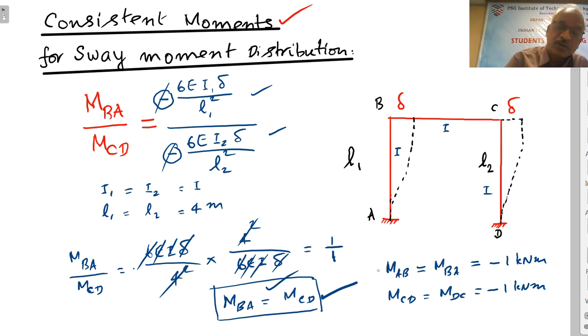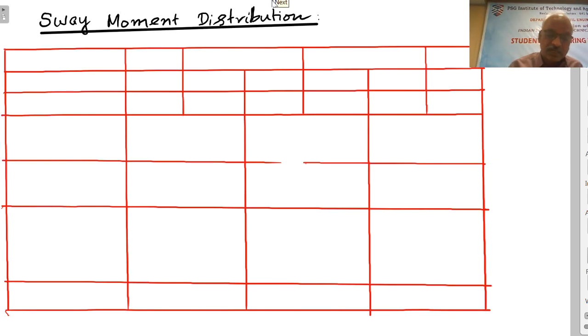So MBA, now coming to the next page, right? Now here again, the fixed end moments are minus 1.00, minus 1.00.